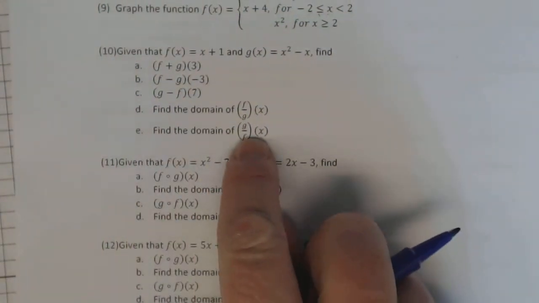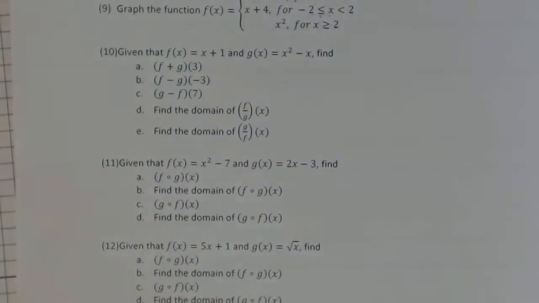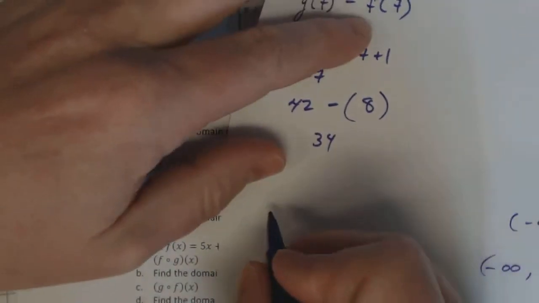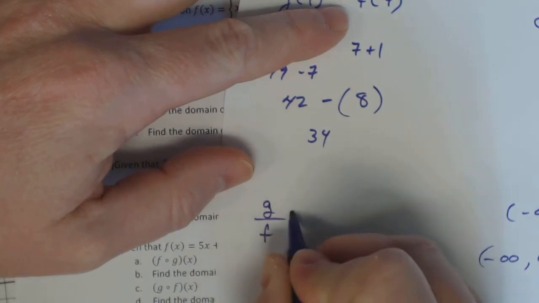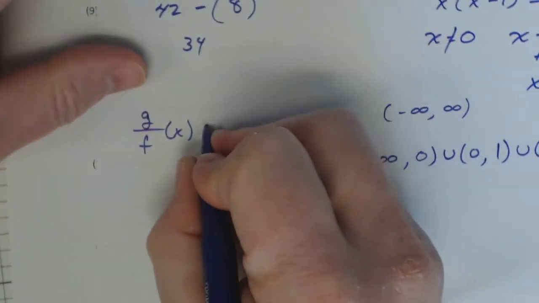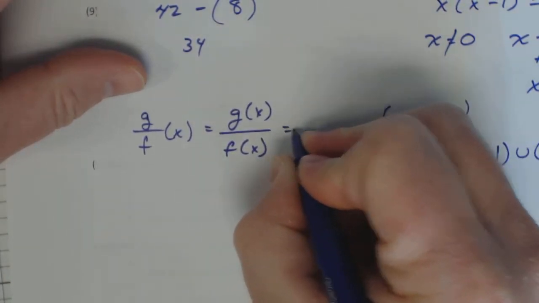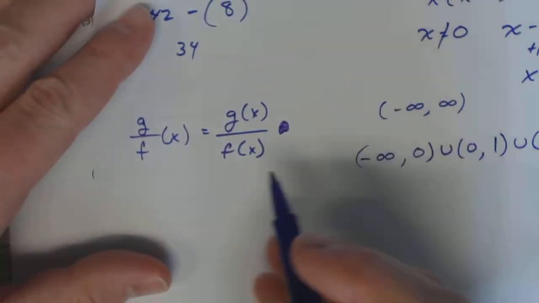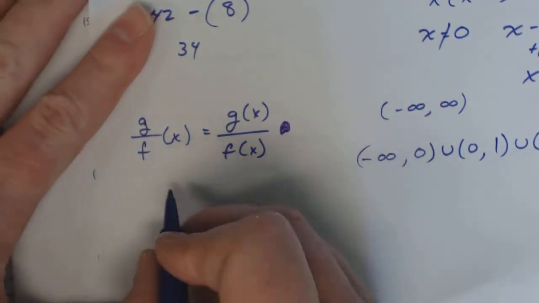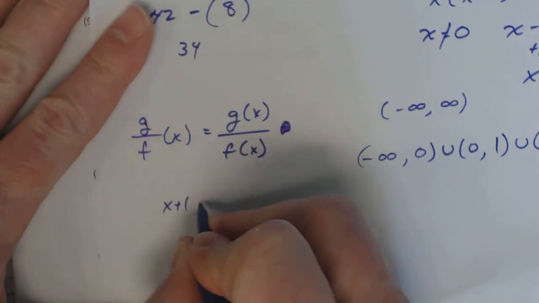Part E, same question, but it's been flipped around. So find the domain of g over f of x. So that's like saying g of x over f of x. All right, so what values give you 0 for f of x? Well, f of x is x plus 1.